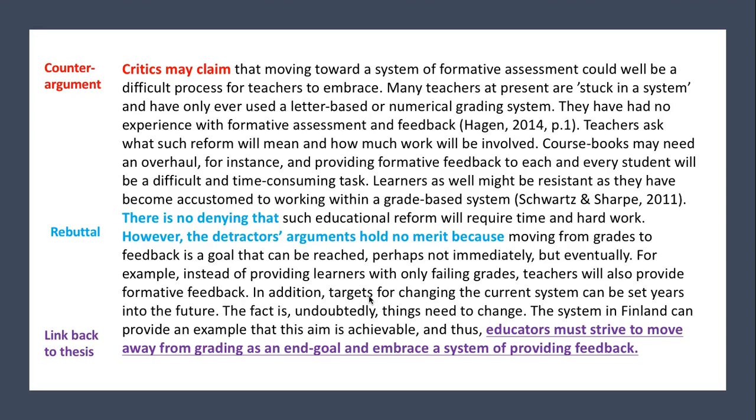In addition, targets for changing the current system can be set years into the future. The fact is, undoubtedly, things need to change. The system in Finland can provide an example that this aim is achievable, and thus, educators must strive to move away from grading as an end goal and embrace a system of providing feedback.